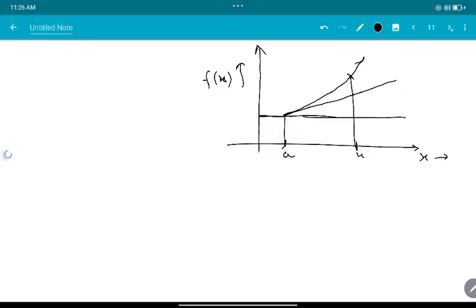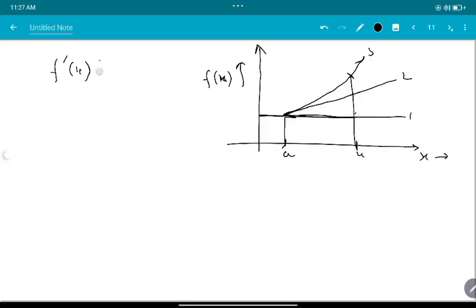Of course, initially, when you were dealing with the second case, how did you measure this distance? There we multiplied the rate of change of f(x), that means f'(x), by this interval x - a. That was what we did to find this distance.